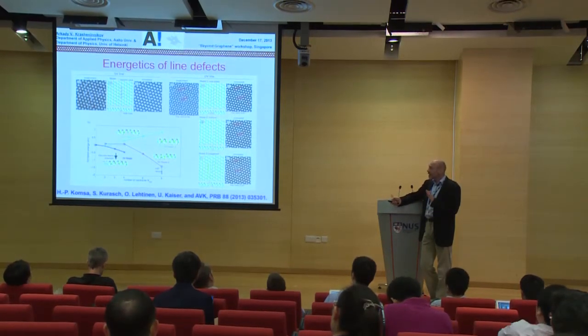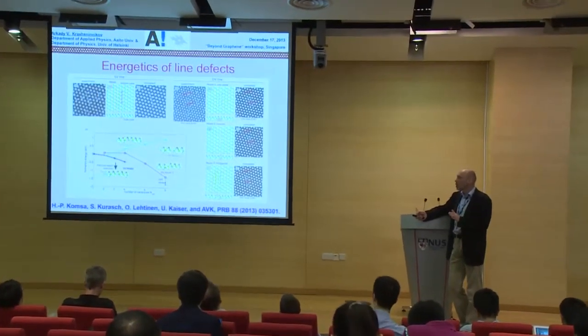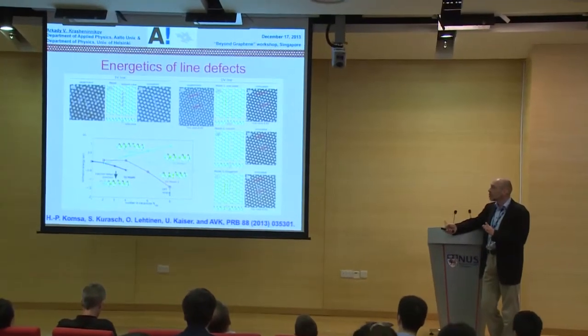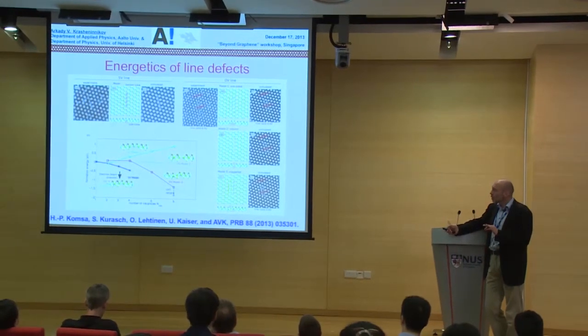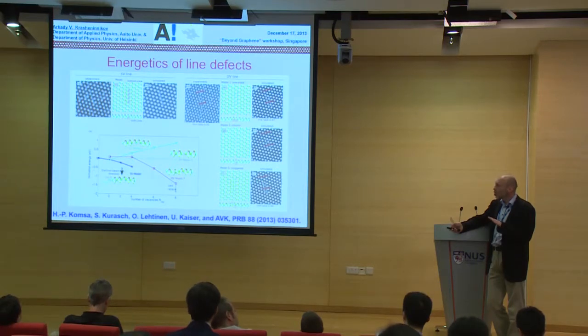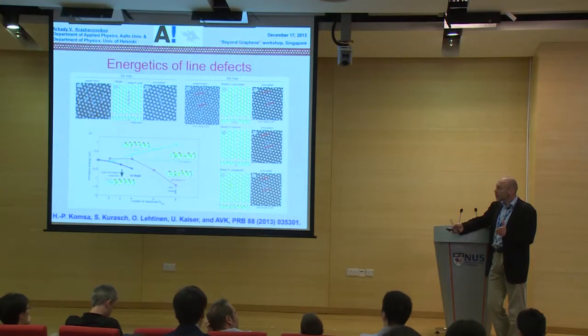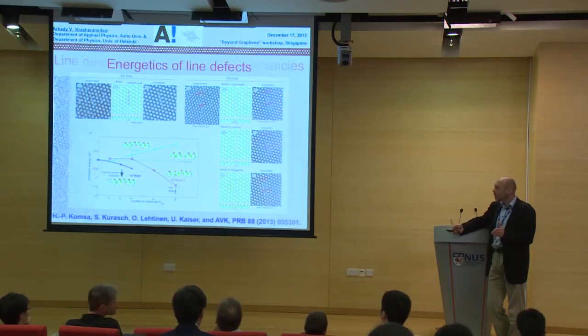And exactly these same configurations our coworkers see in experimental TEM images. So they are configurations for which the energy goes down. This means that vacancy type defects tend to agglomerate in molybdenum disulphide.